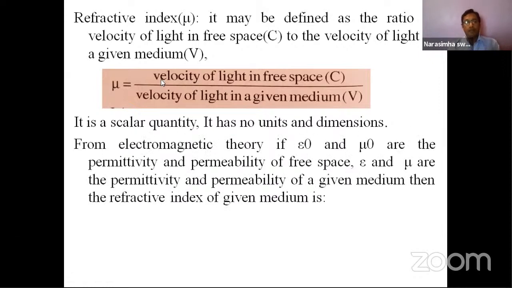Now the same concept, if we treat it in terms of electromagnetic theory. I'm repeating the same discussion, this is the refractive index discussion. If epsilon naught and mu naught are the permittivity and permeability of free space, these two physical quantities give the transmission of charges or light, whatever.